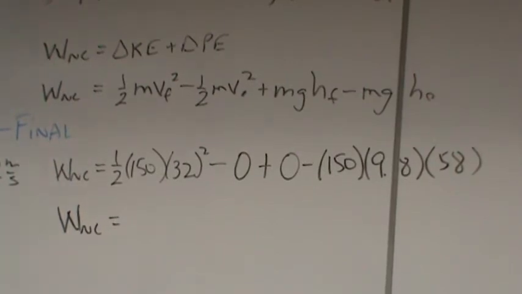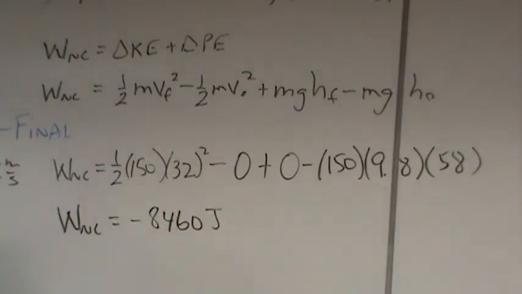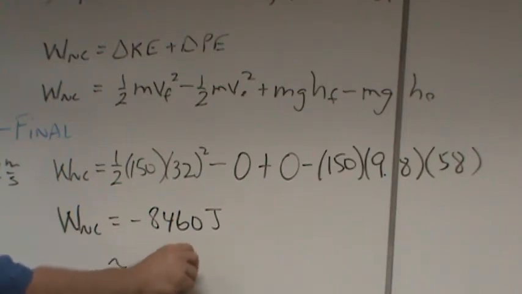I'm getting negative 8,460, which for 2 sig figs will be about negative 8,500.